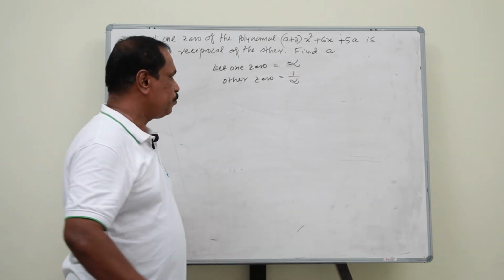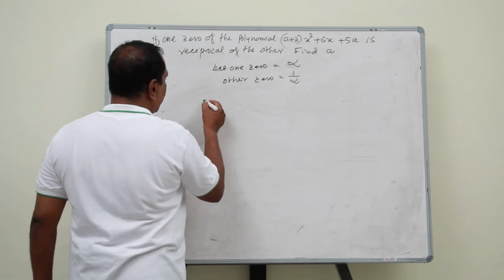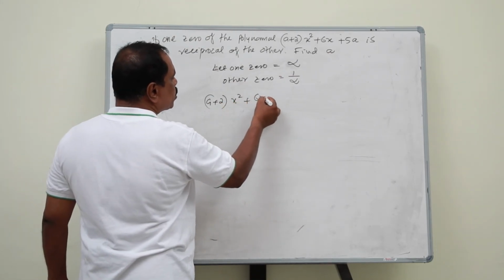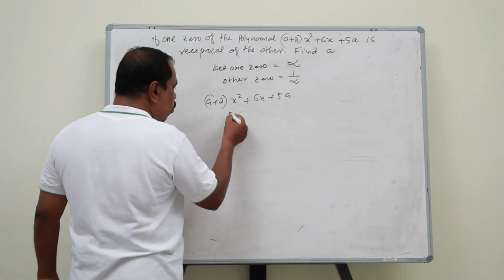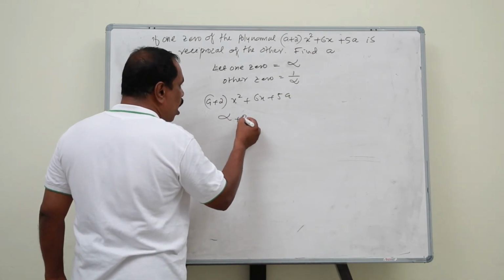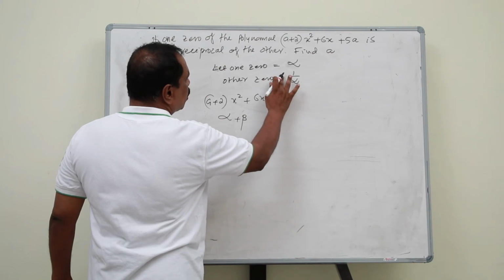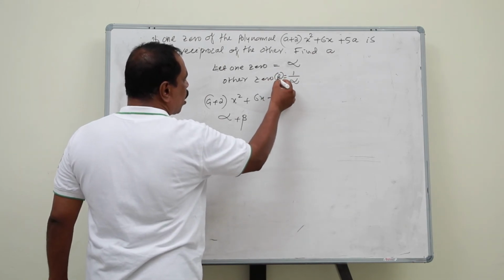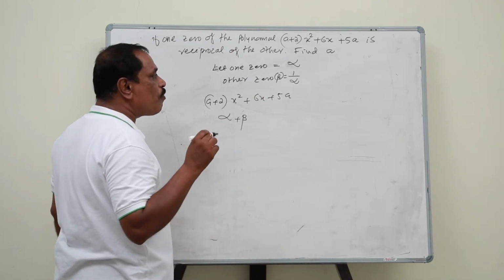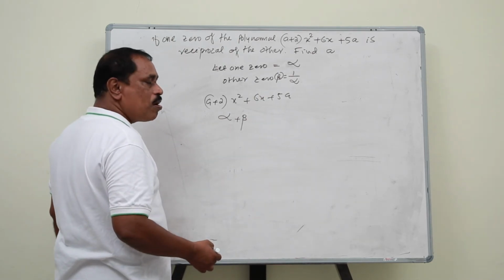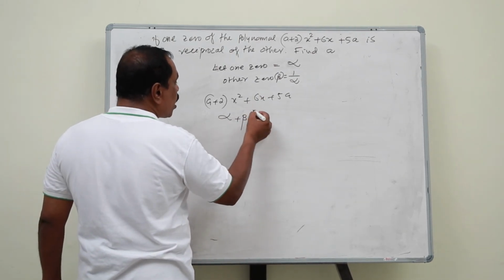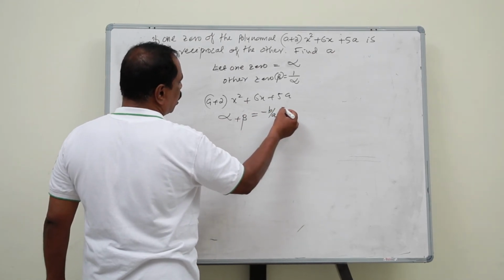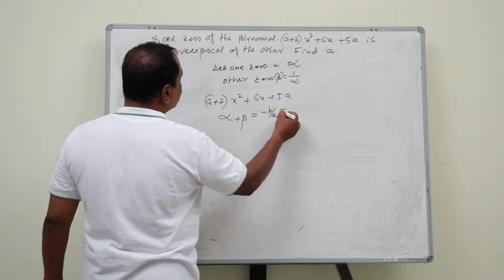In a plus 2 into x square plus 6x plus 5a, we know alpha plus beta equals minus b by a, where beta equals 1 by alpha.